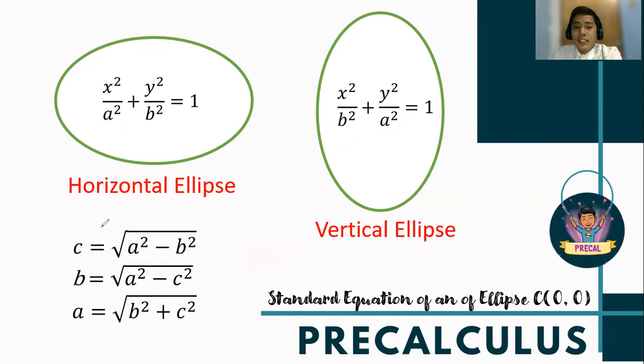Do not forget that distances A, B, and C can also be computed, just like the Pythagorean theorem, but it's quite different because the Pythagorean theorem is C is equal to the square root of A squared plus B squared. So it's different because in here, C is the hypotenuse in a right triangle, so it is the longest distance.